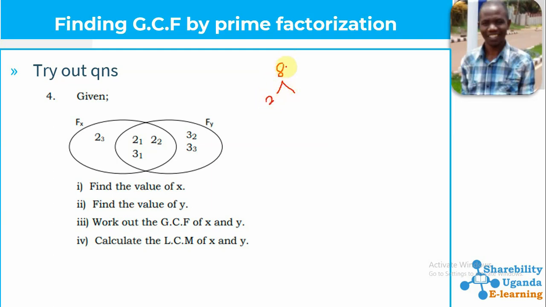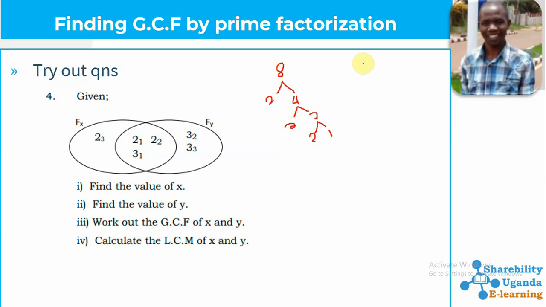So when we divide 8 by 2, we shall get 4. Also when we divide 4 by 2, we shall get 2. Also when we divide 2 by 2, we shall get 1.